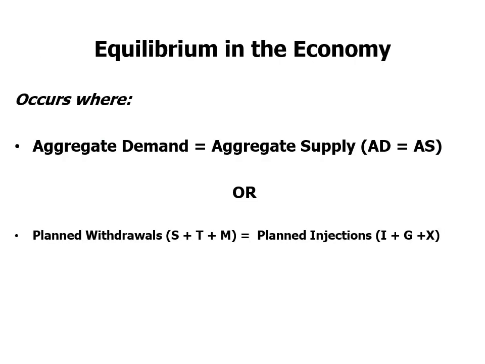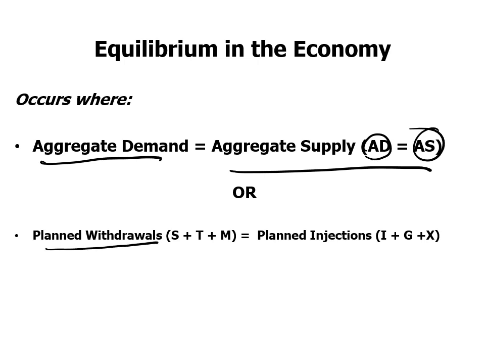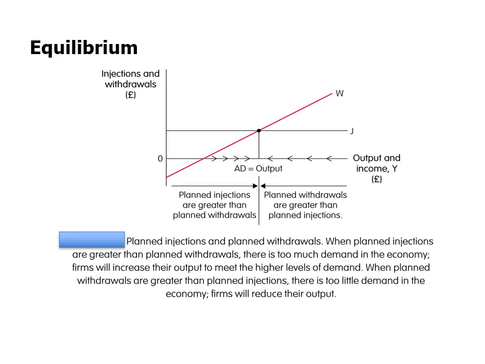We said equilibrium in the economy occurs where aggregate demand is equal to aggregate supply. So where AD equals AS, or where planned withdrawals are equal to planned injections. So remember we said what makes up withdrawals: savings, tax, and imports. Injections are made up of investment, government spending, and exports.